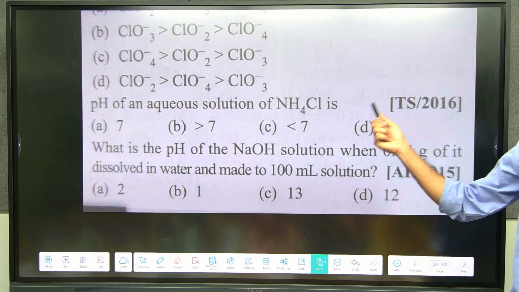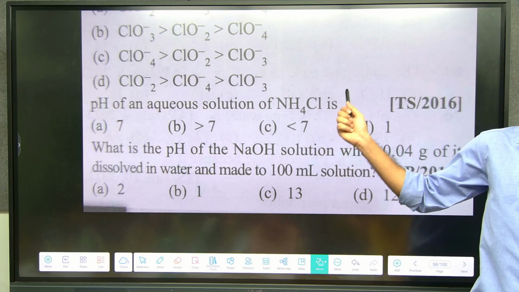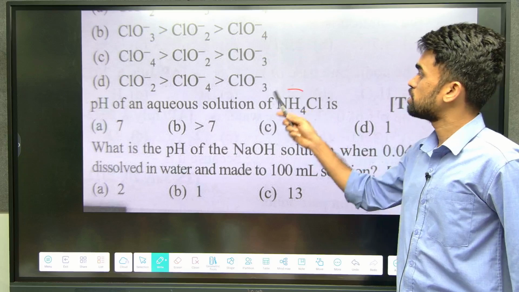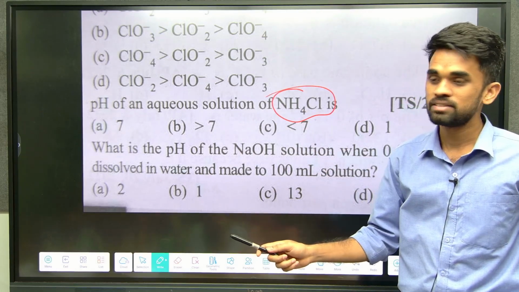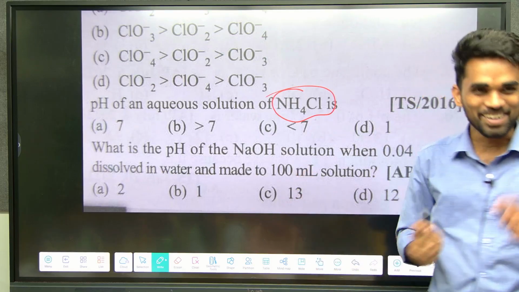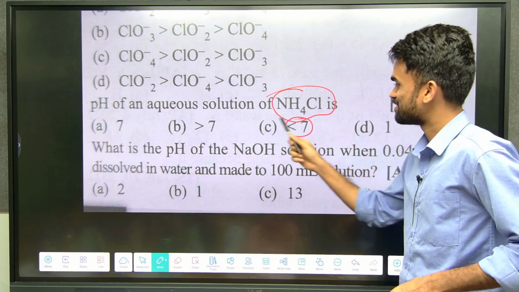NH4Cl is a salt. That solution is made up of what? That salt solution, strong acid and weak base. So pH definitely acidic. Less than, what is your answer? Less than 7.